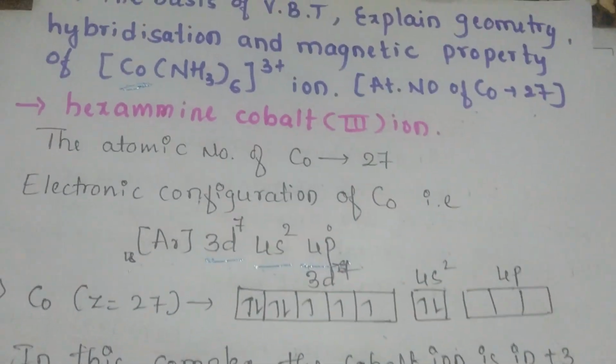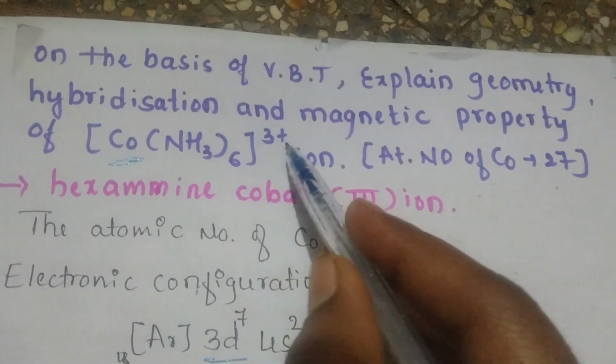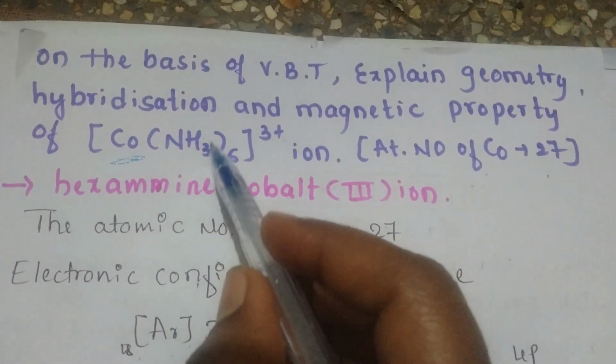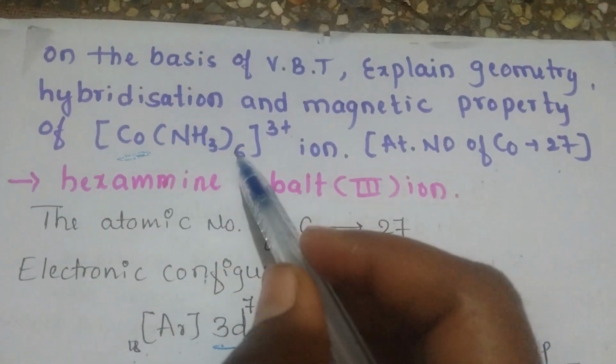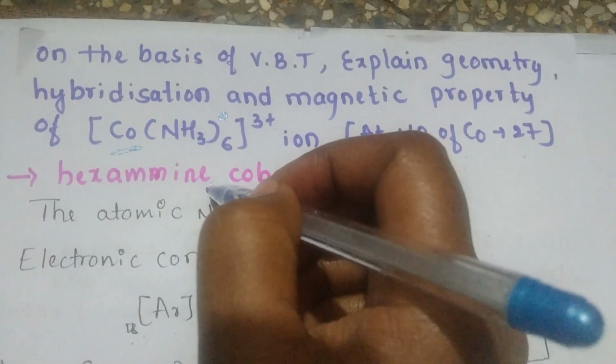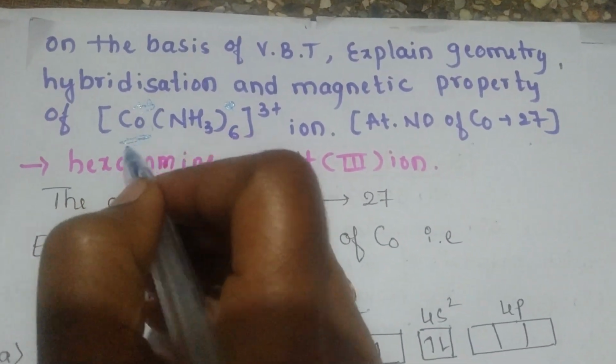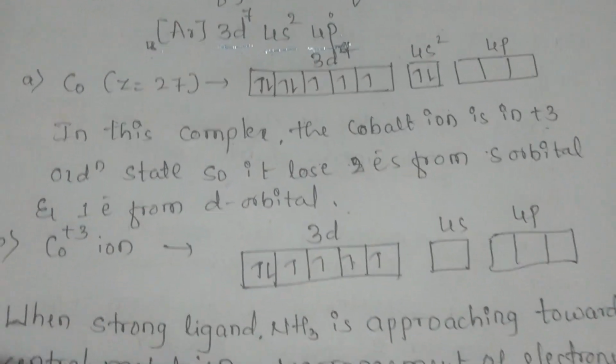You can see here the complex charge is +3. The ligand is neutral, so it is in 0 oxidation state. Then the oxidation state of the central metal will be +3.